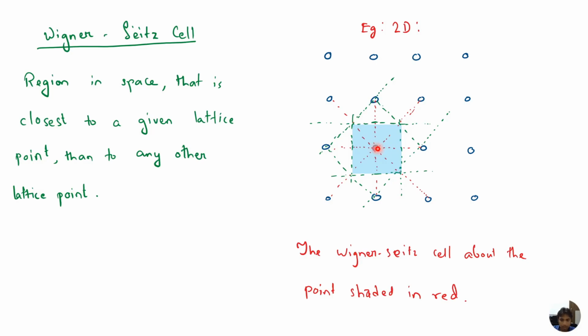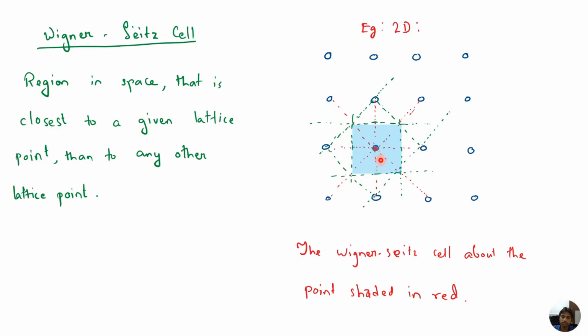Now how do we know what is the region in space which is closer to this point? We take this point as an origin, then we join this point with the other lattice points, with all the other points.